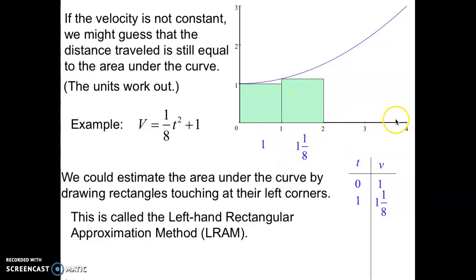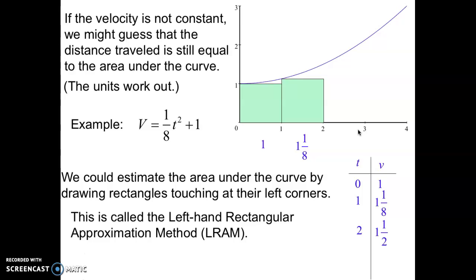But I'm going to move across because I want to go to 4 units. So again, I'm going to go to the curve and draw a rectangle starting with an input of 2. I go up and hit the curve when the input is equal to 2, then draw across and down so that the width of my rectangle is still 1 unit.